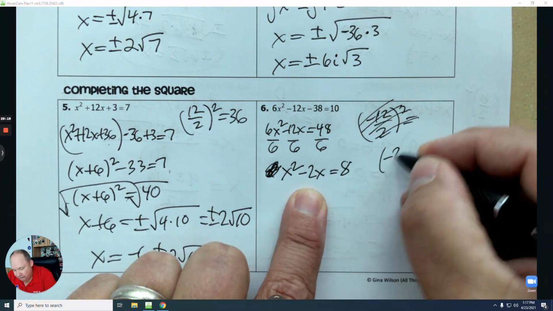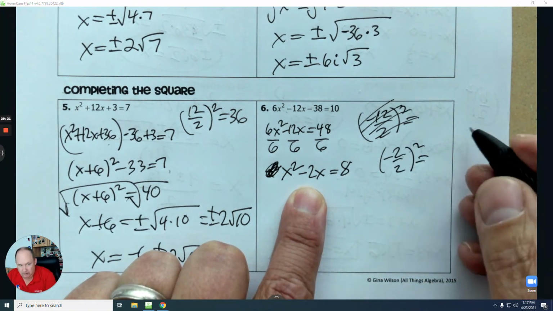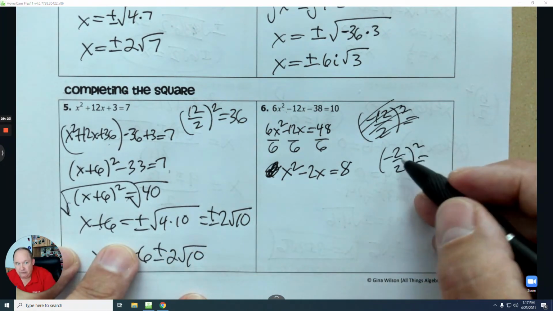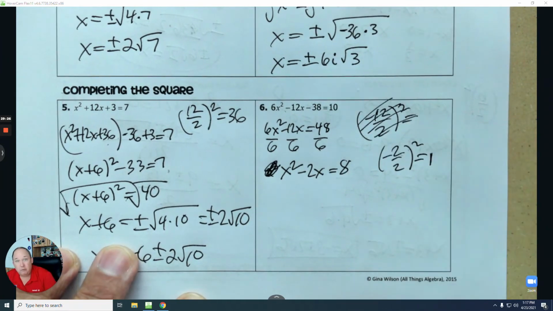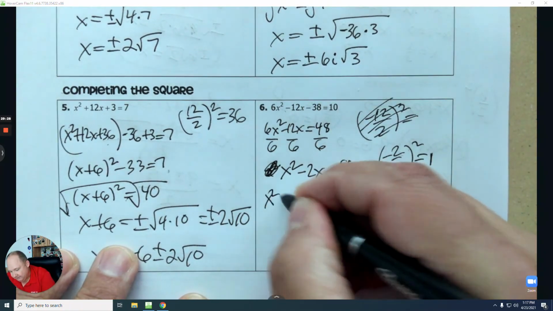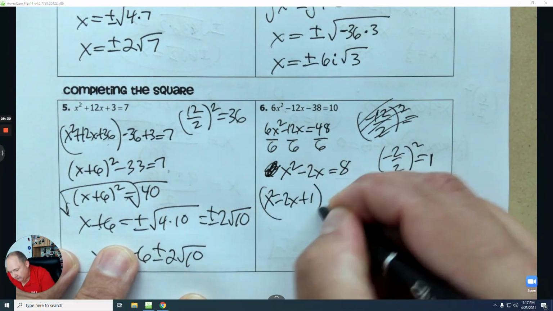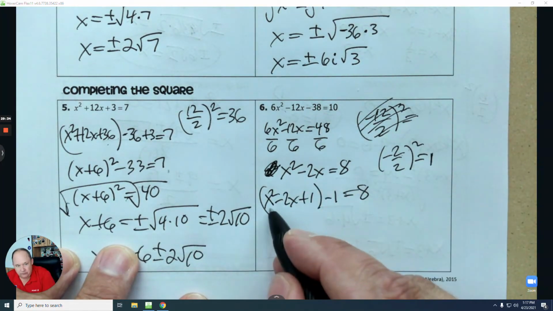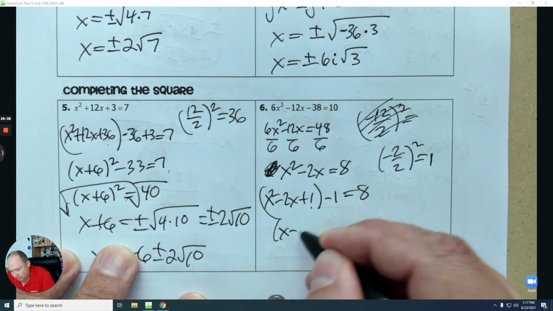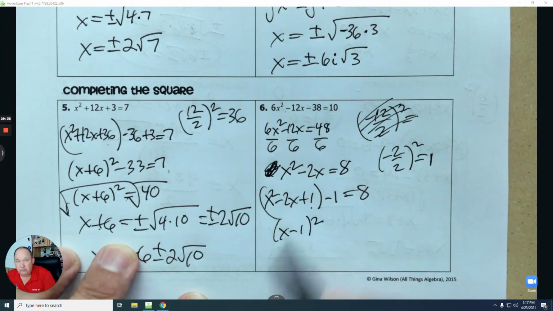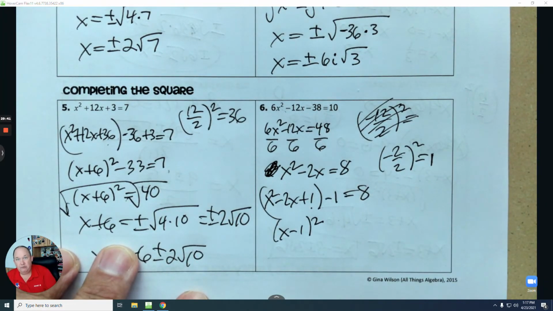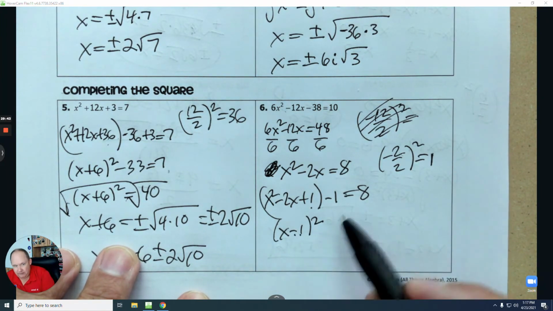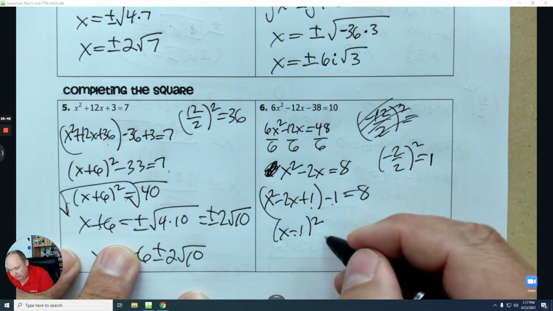B is negative 2. Divide by 2 and square. So negative 2 divided by 2 is negative 1. Negative 1 squared is 1. So we're going to add it. We're going to subtract it. And now we're going to do the work. So this is factorable. So it's negative 1 and negative 1. So two numbers that multiply to 1 and add to negative 2. Negative 1 and negative 1. We're going to add 1 to the other side.